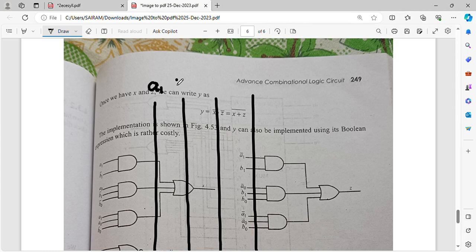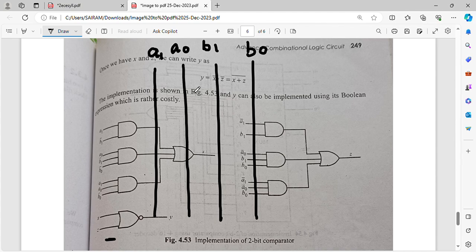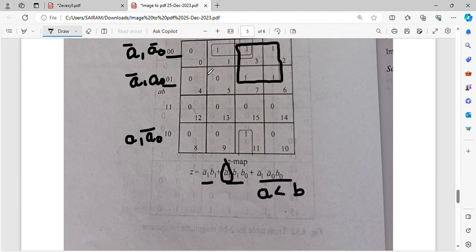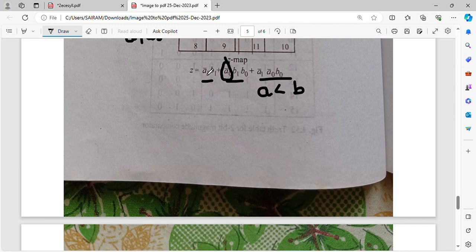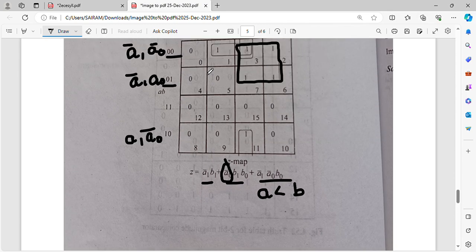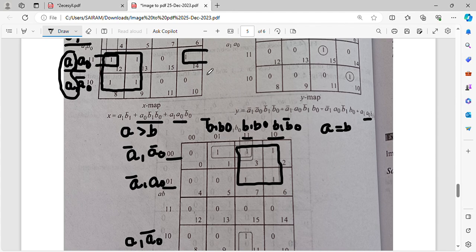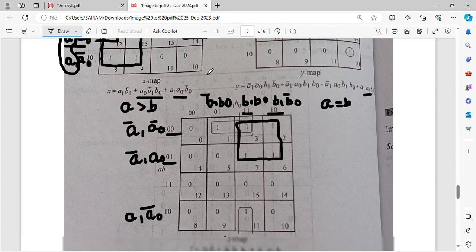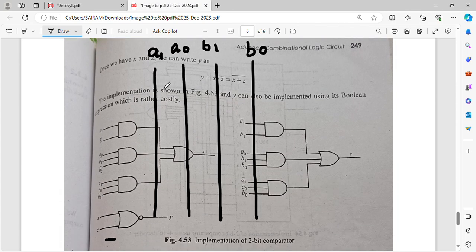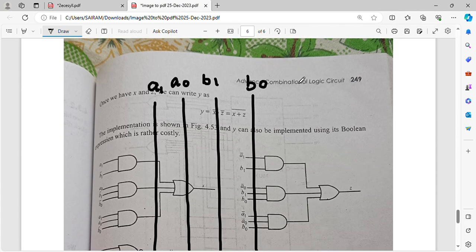Yes, A1. Okay, and now next what you're supposed to do is take AND gates and OR gates respectively.